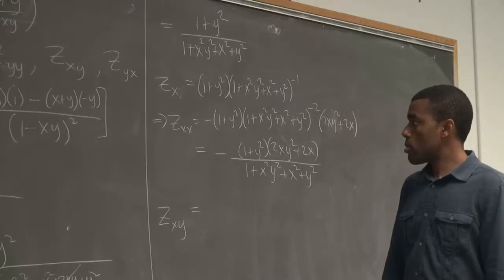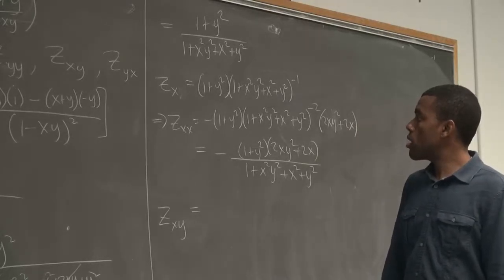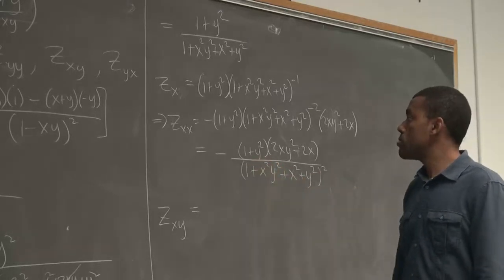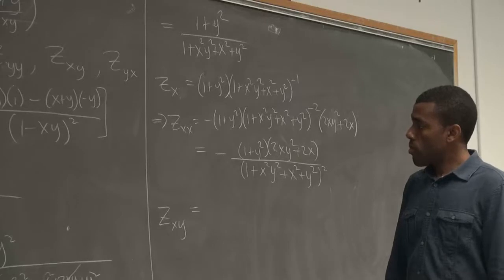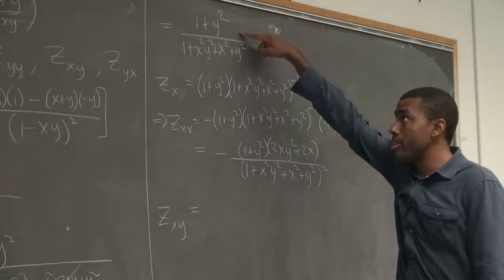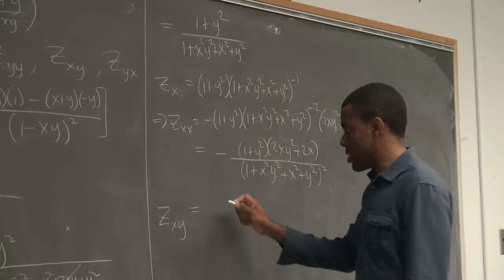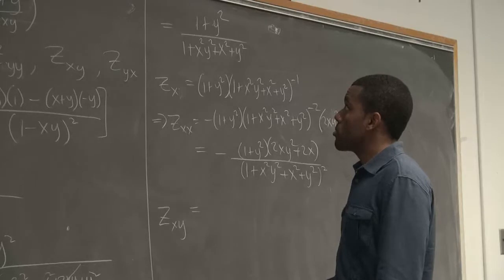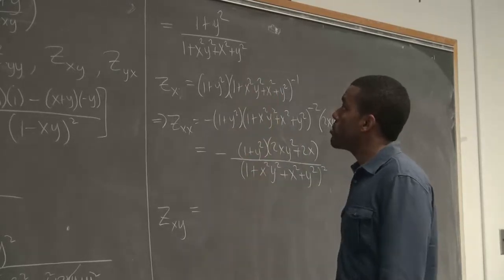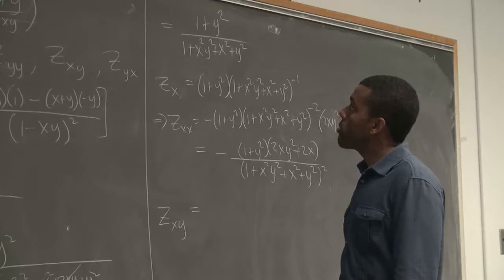You've got to square the denominator. If you do zxy, then you have to differentiate this with respect to y, and then you're going to use a quotient rule again. This is really annoying. Can you simplify it? This can be simplified? I feel like it could be.